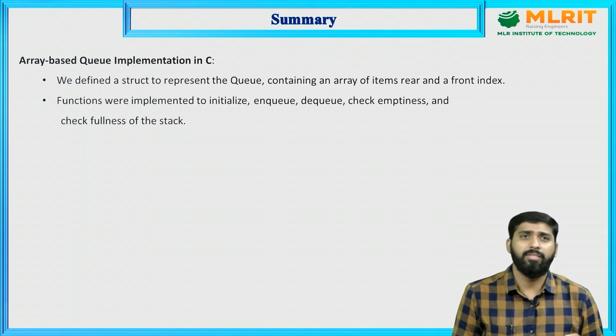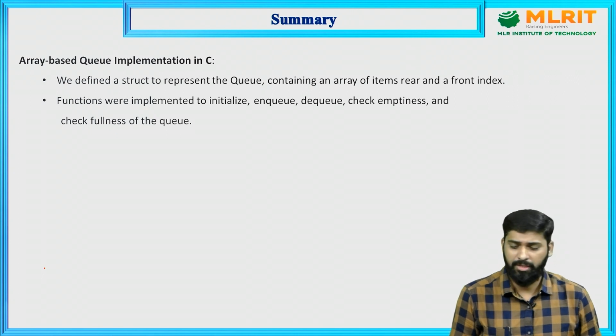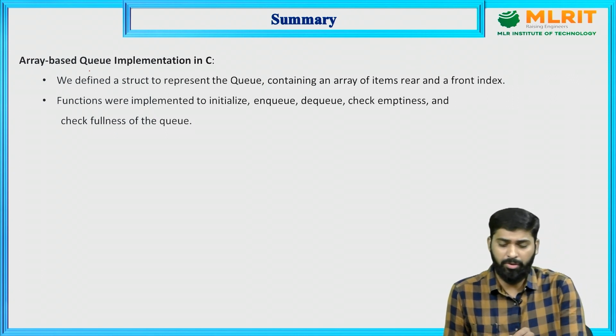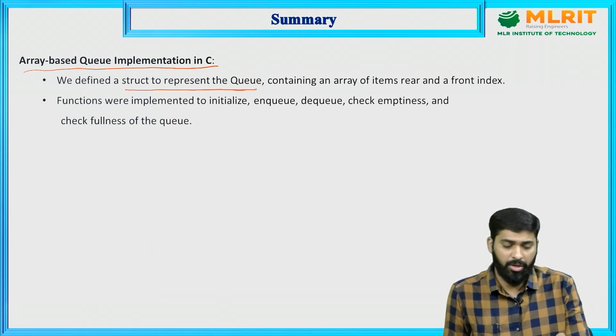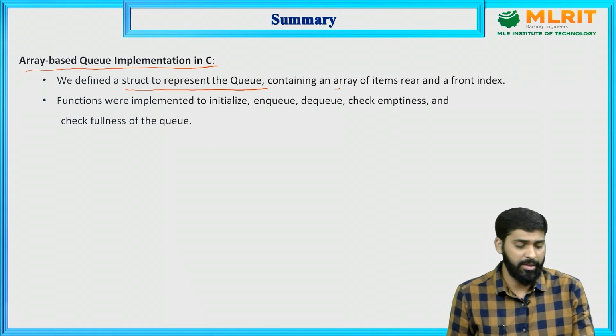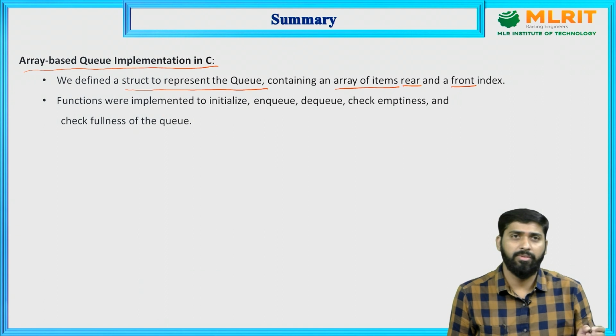Okay. So let us summarize the points of what we learned in today's lecture. So we implemented an array-based queue in C. We defined a structure queue that contains an array items, and rear and front values, so the front index.